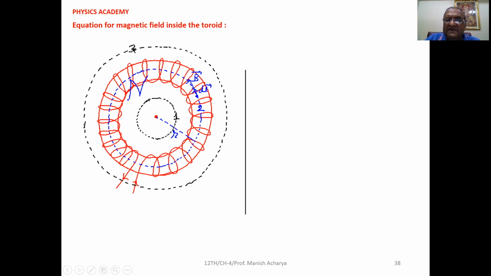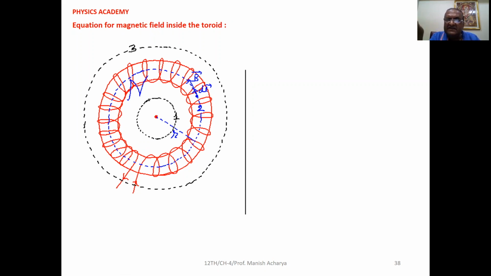Now if we consider this third one, this one is the Amperian loop enclosing a surface.